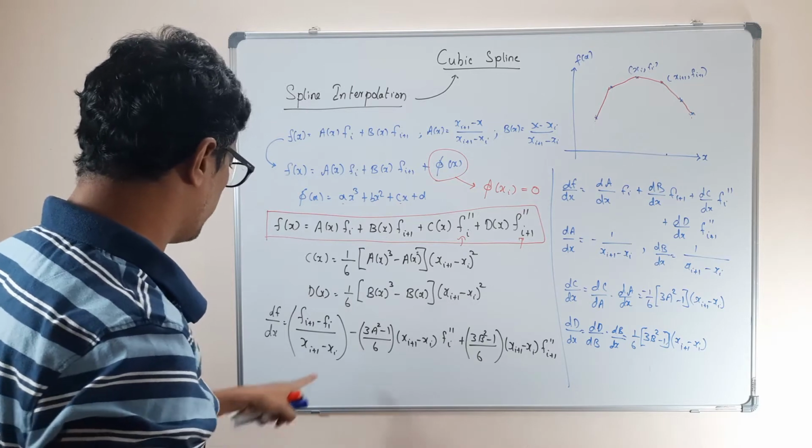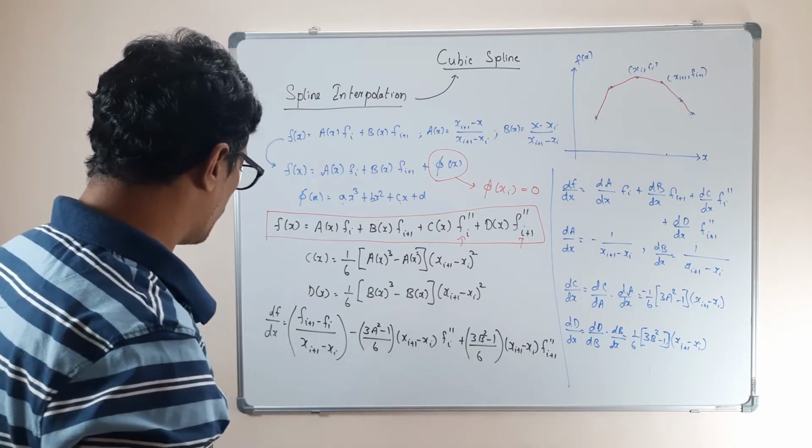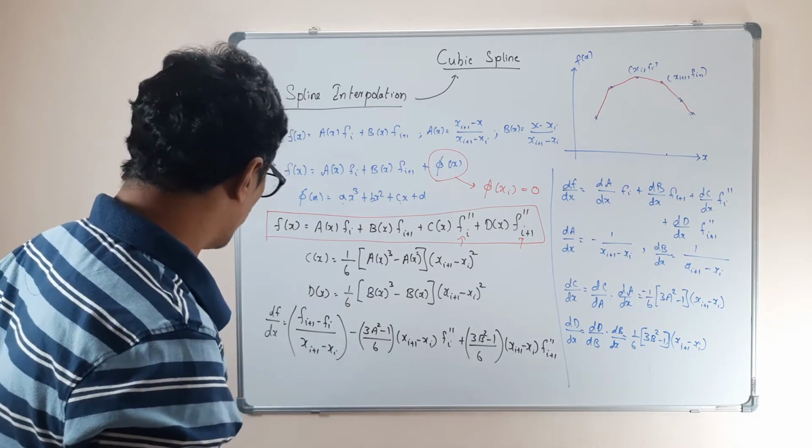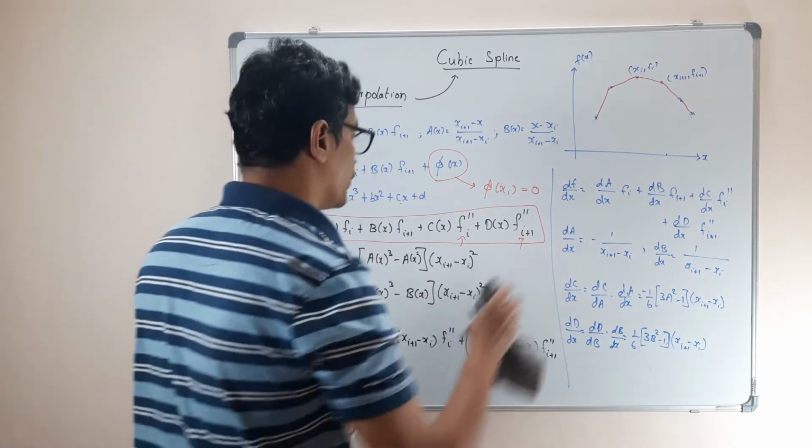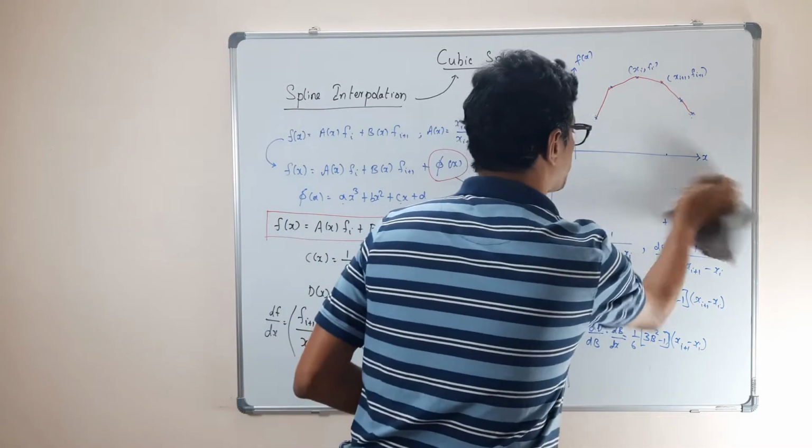If you see the second derivative, this will go to 0. I don't have to do it actually, it is very straightforward.